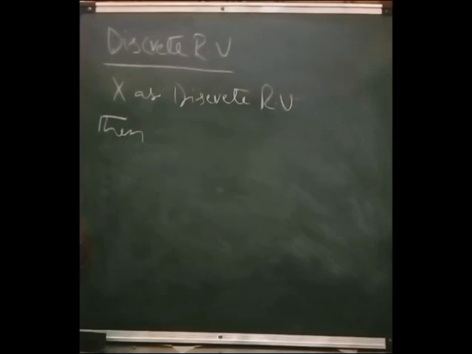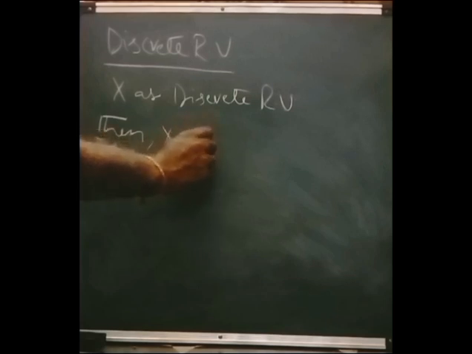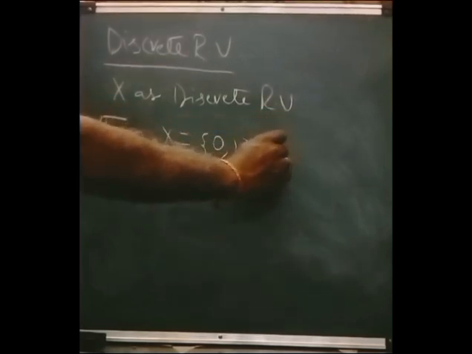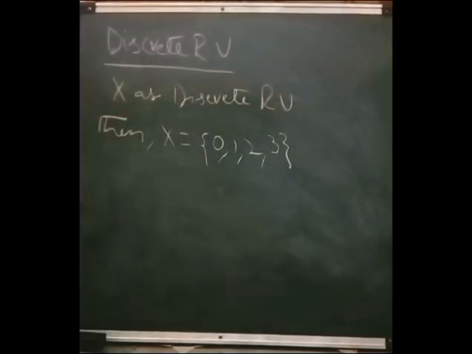Suppose a coin is tossed or flipped 3 times, and the corresponding random variable x is taken as getting a head. Then we can consider the values of x as 0, 1, 2, 3, based on the sample space.